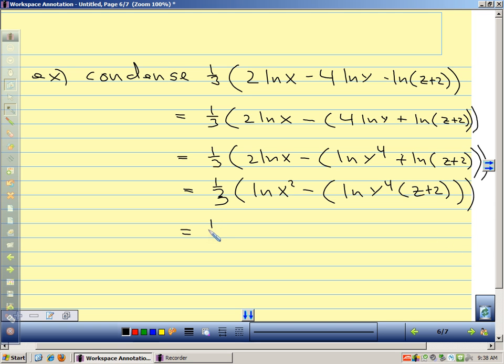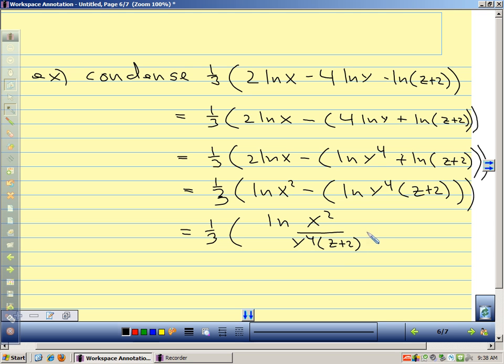And now I still have this 1/3 out here that we'll deal with at the end. I have this natural log subtracting this natural log. So divide. So this is natural log of x squared divided by y to the 4th times z plus 2.